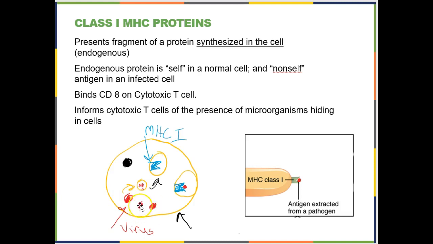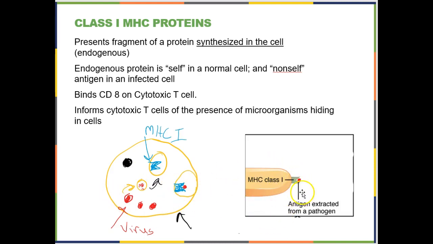So if this is a virus here, this virus is inside the cell, this cell is infected. And what all of your cells do is randomly sample proteins floating around in their cytoplasm, chew up the protein, complex it with MHC1, and then stick that on the surface.